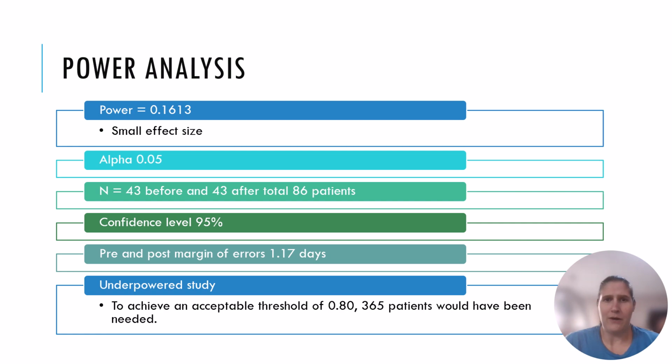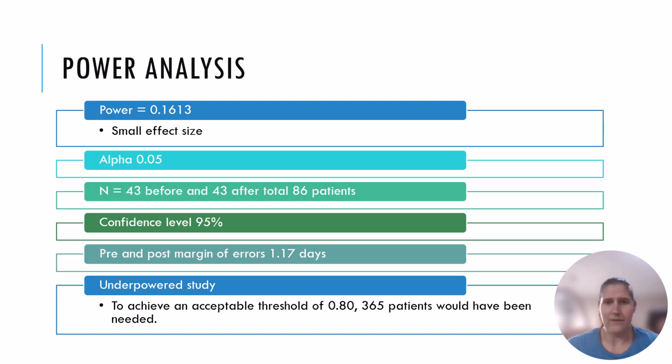To achieve adequate power, approximately 365 patients per group would have been needed, but the sample size here was only 86. The alpha level was set at 0.05 and the effect size of 0.1613 suggested that any observed differences were minor and unlikely to be clinically significant.